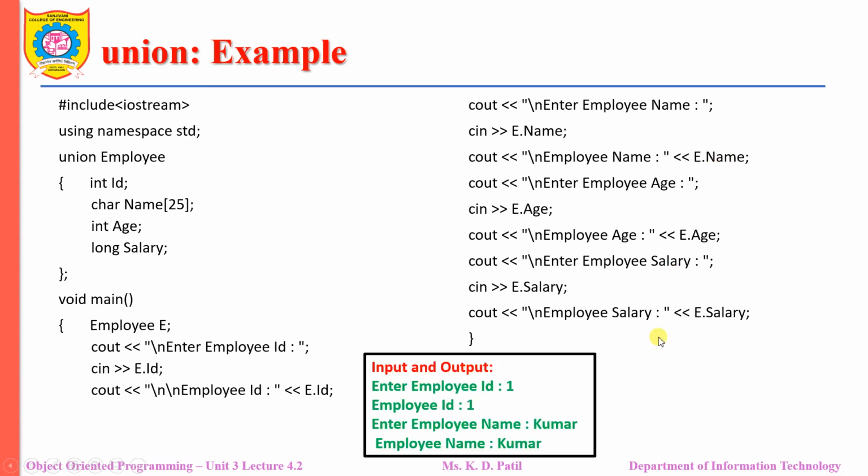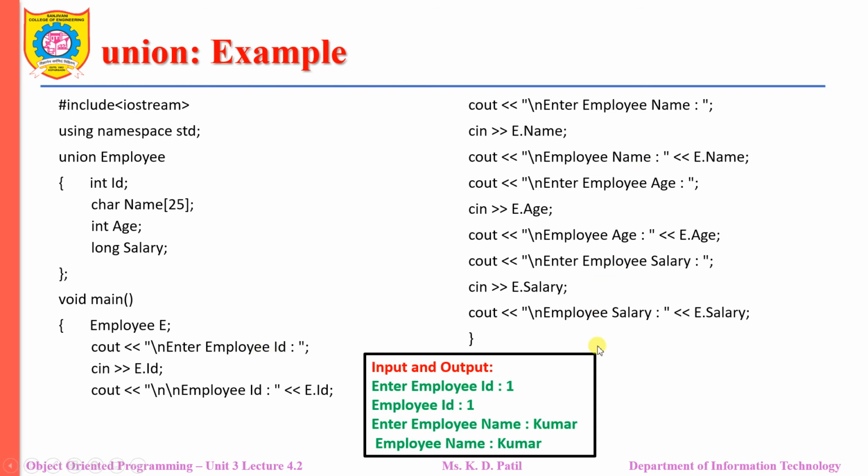Now let us see. For example, I am giving the input initially as an employee ID. So what will be displayed is 1, because the moment I have accepted it, in the next moment I am displaying it, and the other values I have not entered, so that memory space is available for me to store my value. Then the second time when I enter the name of the employee, the employee name will be displayed as Kumar, as now the ID has been replaced by the name.